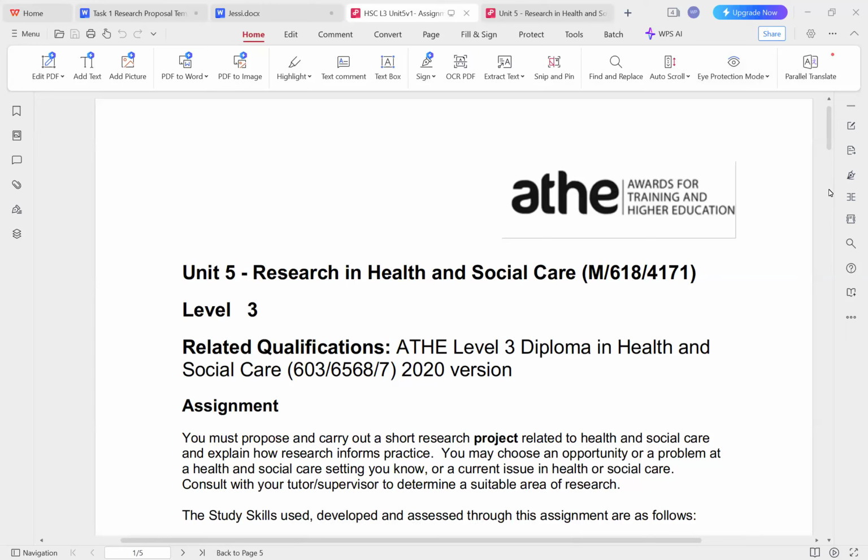So when you're starting a new task, you copy and paste this entire task and then you write, with your word count.